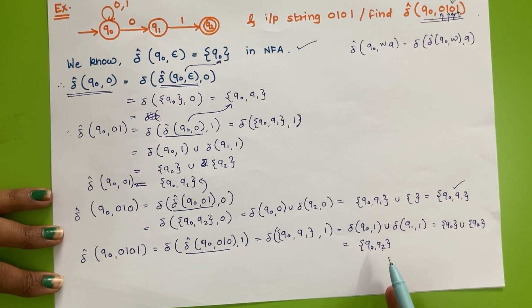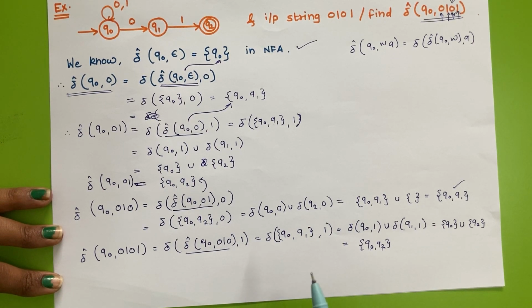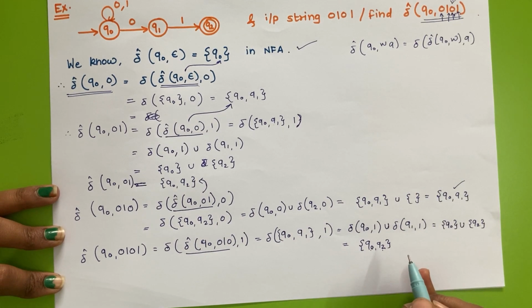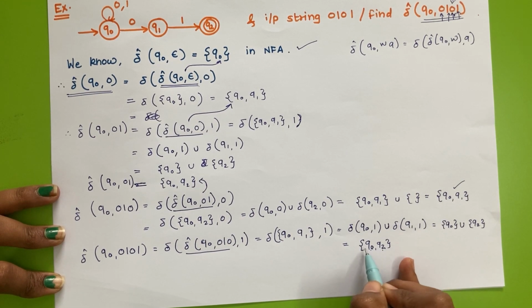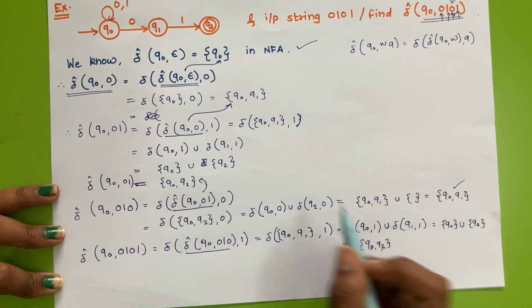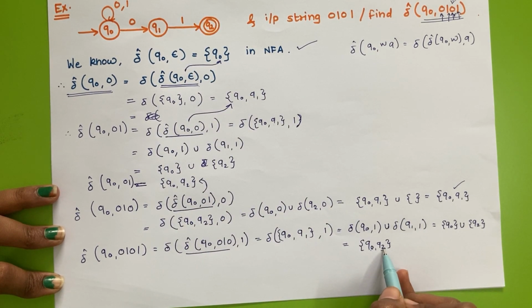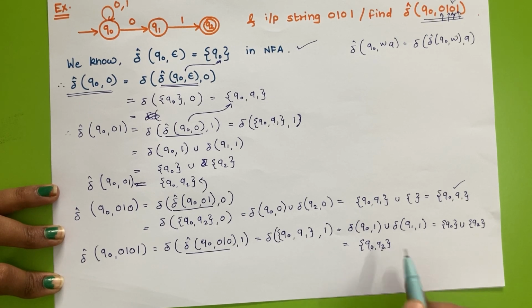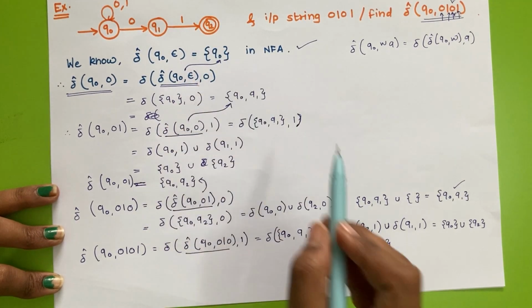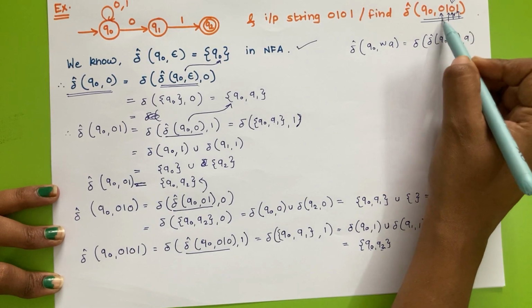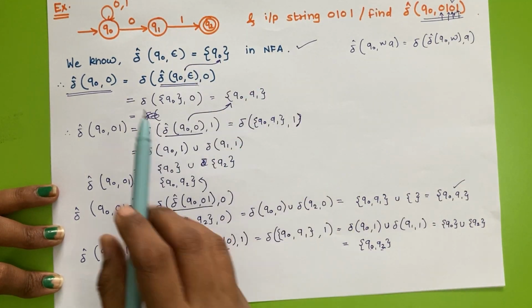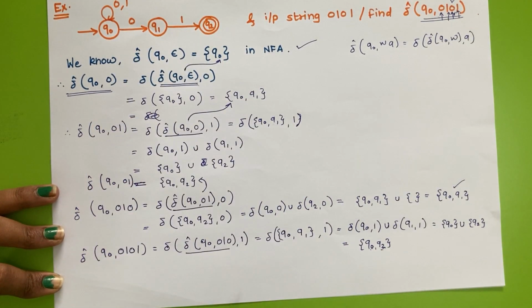Acceptance of the given string holds if this output includes one state from the accept states. Here I have Q2 as an output state and Q2 is my final state. That's why we can say that the given string is accepted by this NFA.